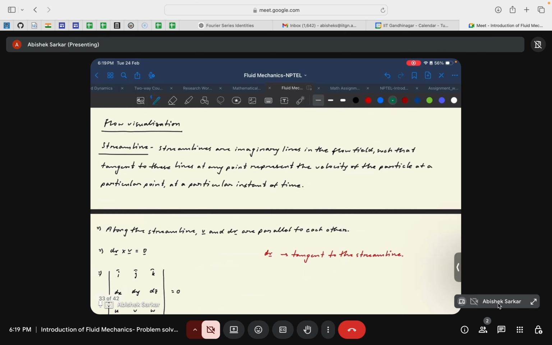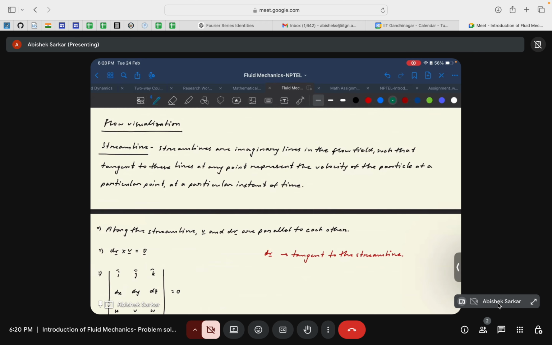Streamlines are basically the representation of the velocity field in the flow field. You might have seen that in many instances you observe the flow field across some bodies, for example flow over an airfoil. You visualize it through some lines that show how the velocity varies across the airfoil.